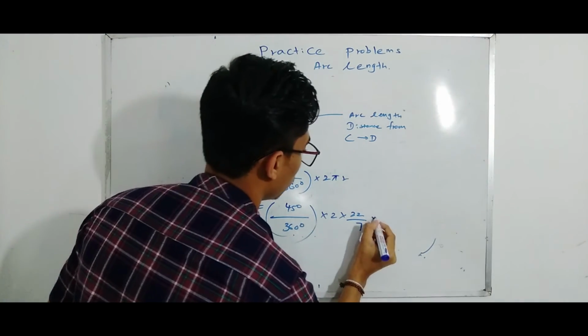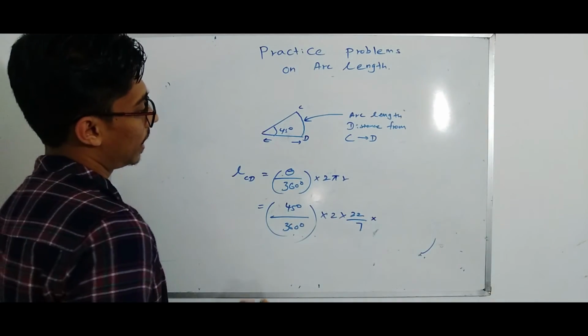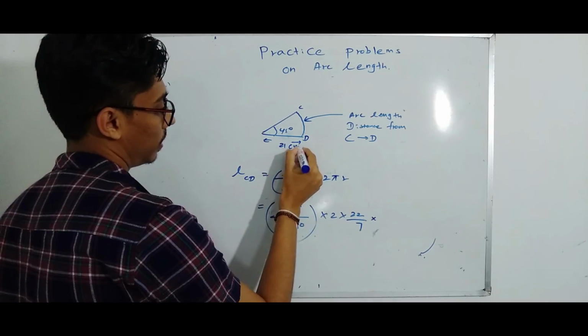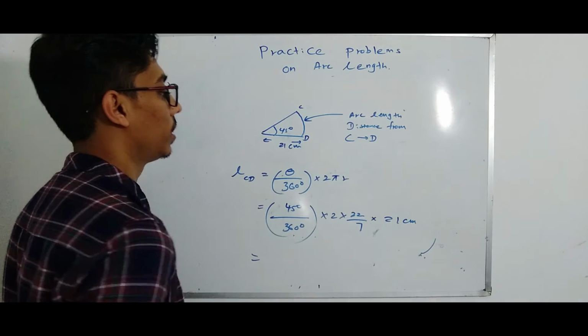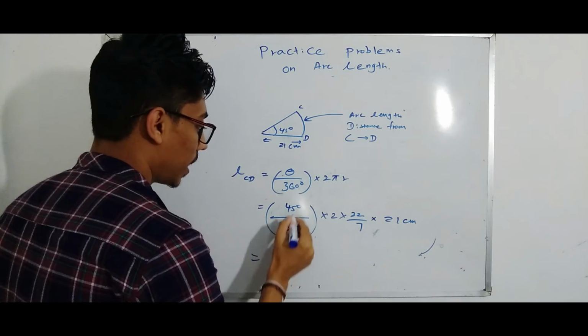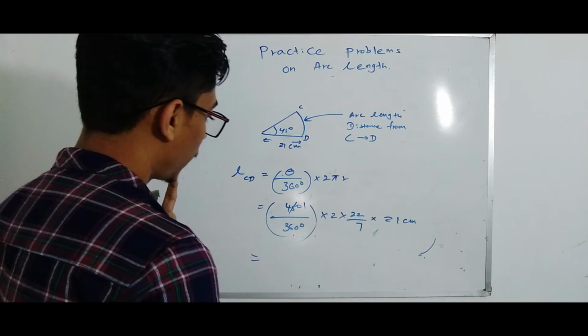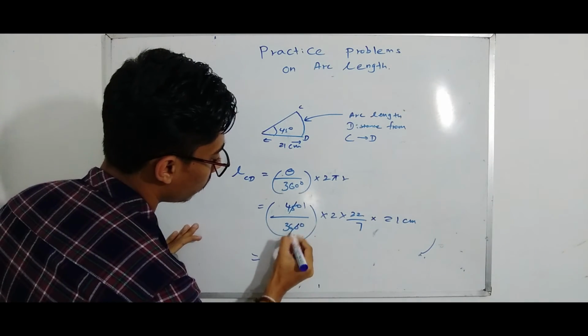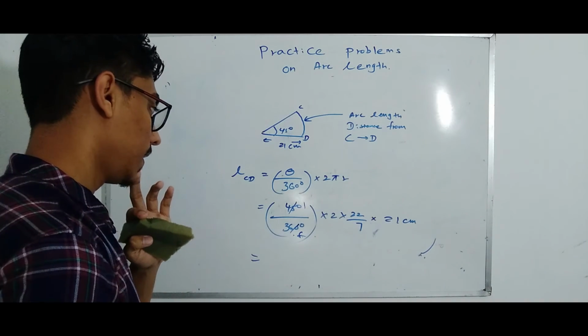Let me write the radius as 21 centimeters. So the radius r represents 21 centimeters.